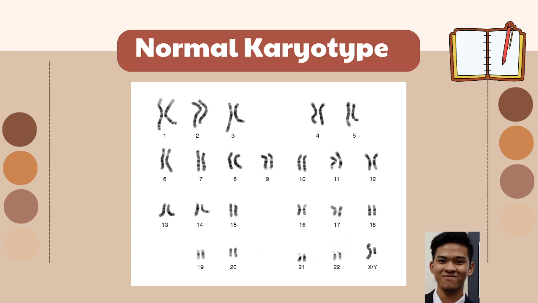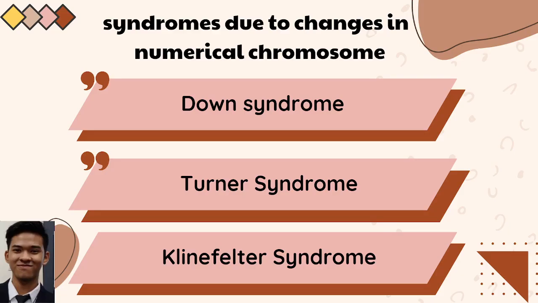This information can help with diagnosis, treatment, and genetic counseling. Karyotyping can be done on various types of cells, such as blood cells, amniotic fluid cells, or cancer cells. So there are three syndromes that can happen due to changes in the numerical chromosomes: Down syndrome, Turner syndrome, and Klinefelter syndrome.